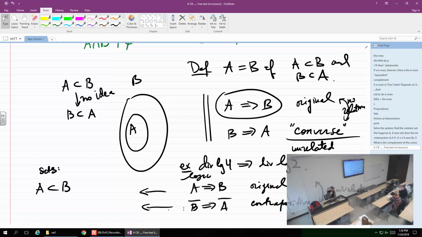So not B means the complement of B, and not A corresponds to the complement of A. Propositions A, B on the right, and their sets on the left. And what's the missing symbol here? The same as the one above it. Yes, it's inclusion.